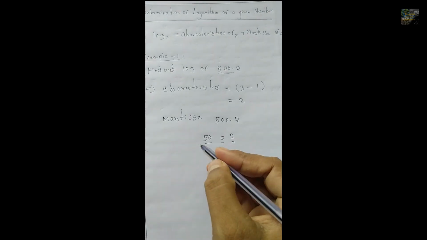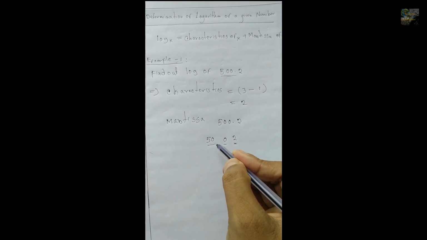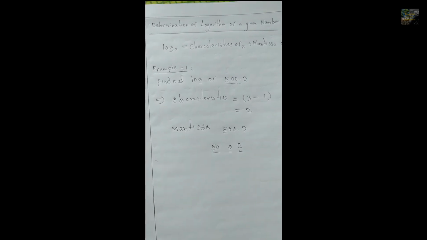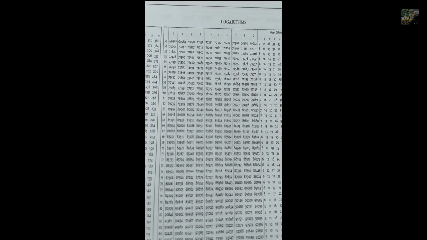So to do this I am going to find the 50 row and 0 column in the standard log table. You can see that I have a standard log table here. I am selecting the 50 row, and the column is 0.